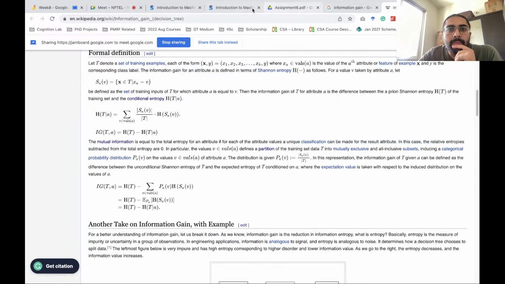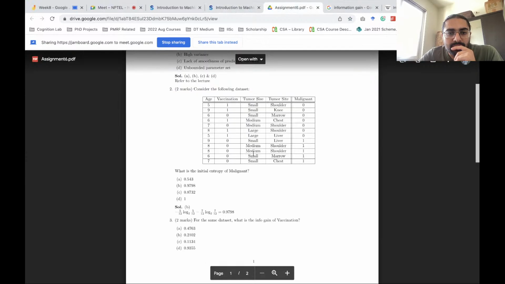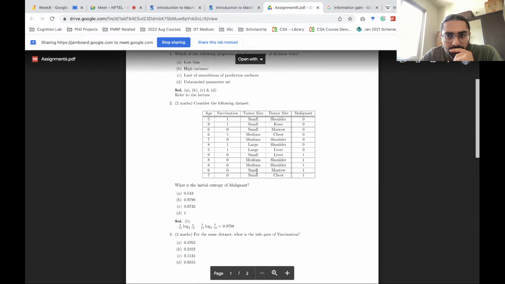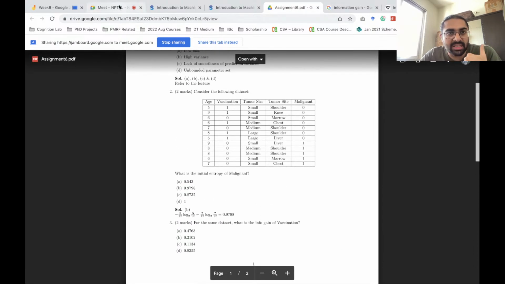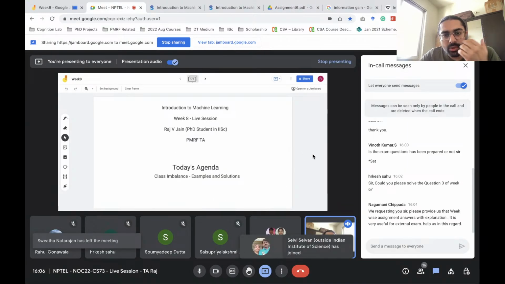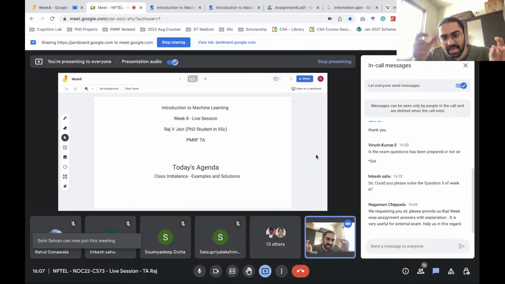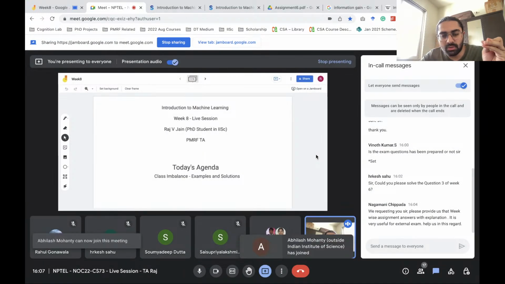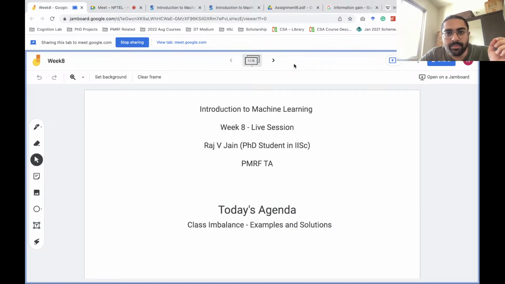And then in vaccination you will split into two nodes, 0 and 1, right? And in 0 you look at all the possible values of malignant in that node. Actually, let me just write it down, one second.